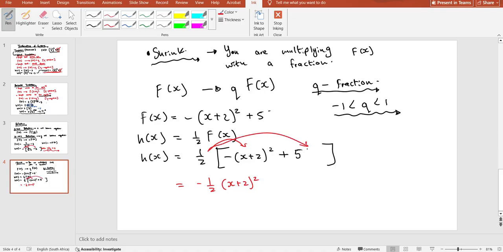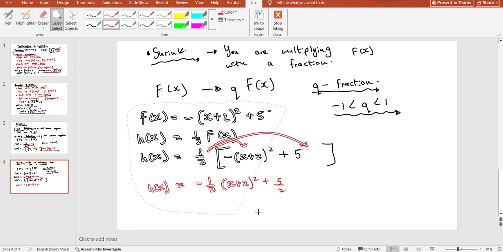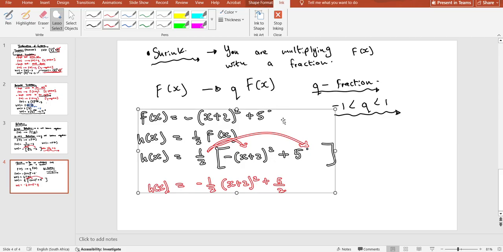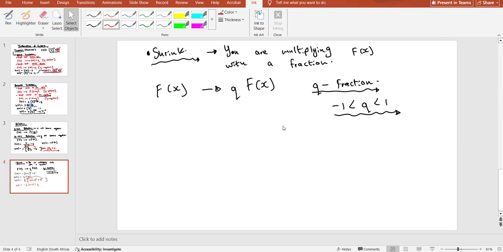And it's going to times the 5, giving me 5 over 2. So this is my new h of x graph. I hope that is making sense, guys. I hope you're seeing step by step what I'm actually doing. And towards the end of the video, I'm going to do an example where I put all these different transformations in one equation.